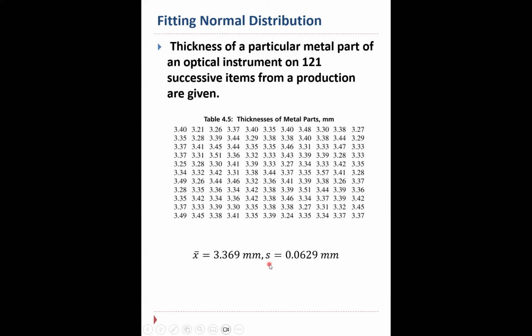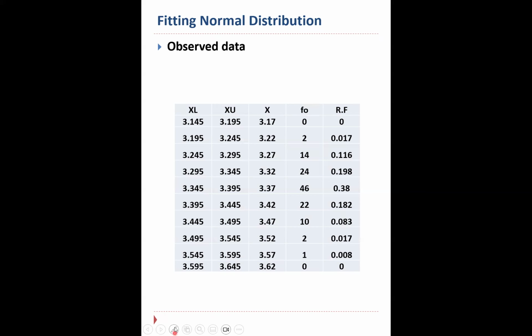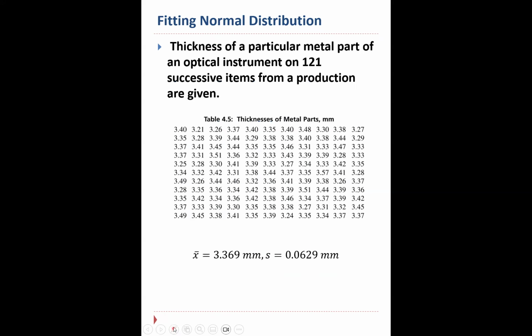So if this assumption is true, then, for example, I would like to get the estimate of the probability that the value lies between 3.21 to 3.42, which means what fraction of values belong to this interval.